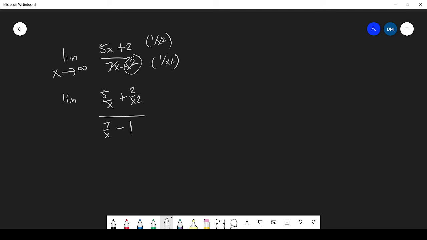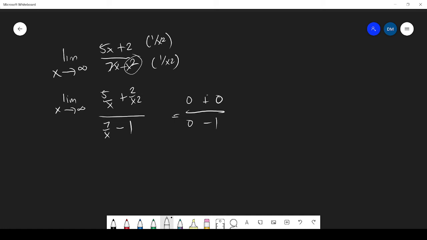Why? Because all of our x's are nasa denominator. And if approaching infinity yung value ng x natin, then it becomes a very, very small number and pwede na nating i-assume that these fractions or rational expressions are equal to 0. Diba? So, ang mangyari, this 5 over x will be equal to 0 plus 2 over x squared equal to 0 over 7 over x will also be equal to 0 minus 1.